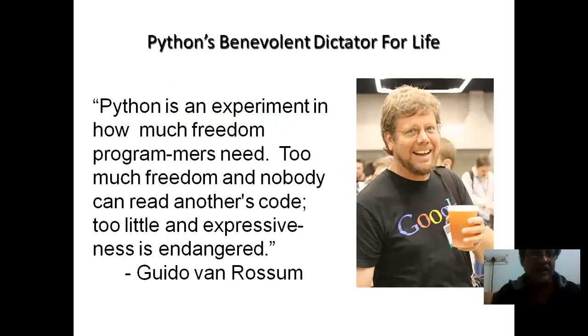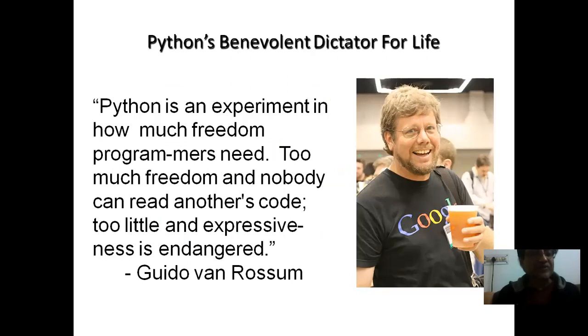Now, this is the guy who developed the Python programming language, and this is Guido van Rossum on the right hand side. As per his statement, Python is an experiment in how much freedom programmers need. Too much freedom and nobody can read another's code.